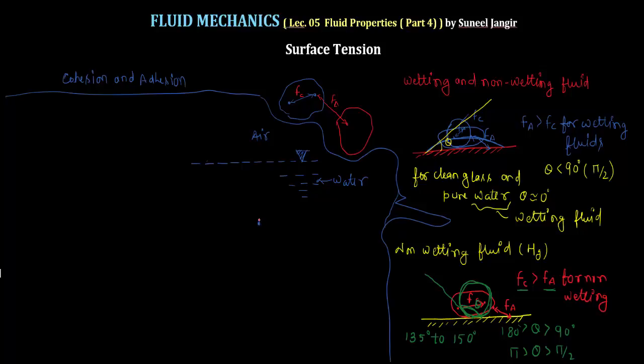This molecule of water is surrounded by other molecules of water. So it's obvious that when it's surrounded by other molecules of water, there is a cohesive force between these molecules. As this molecule is surrounded by the other molecules, it is in perfect equilibrium. We can draw it like that: if I draw a circle around this one, over this circle periphery there are molecules, and between these molecules there is an attraction force, that is the cohesive force.